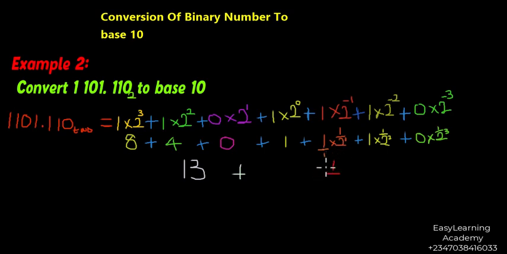So that will give us 1 times 2. Remember, the power here is power 1. So 2 raised to power 1 is what? Is 2. And then 1 times 2 will give us 2. We're done with that. And then we're going to bring down our plus sign.